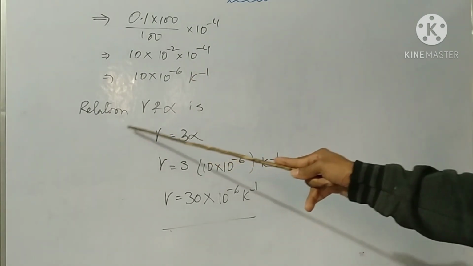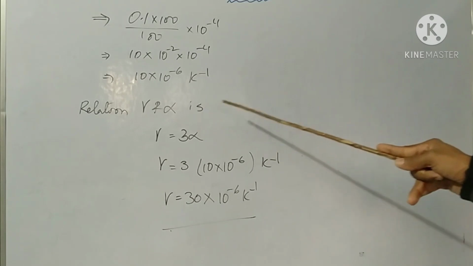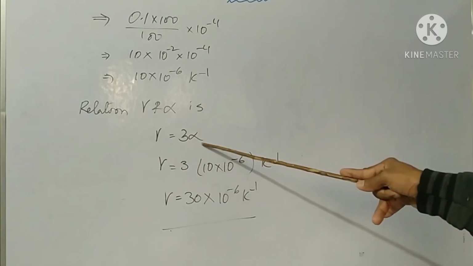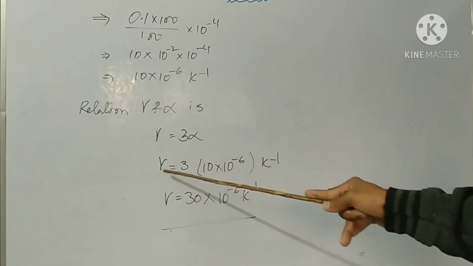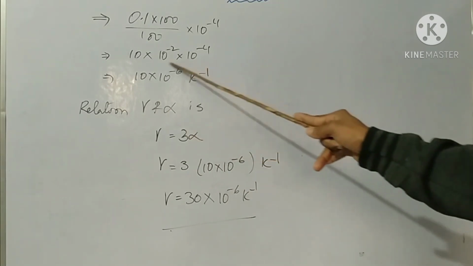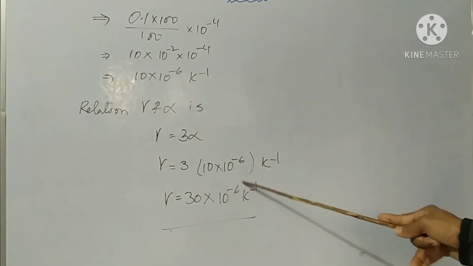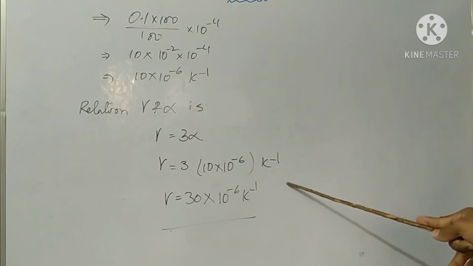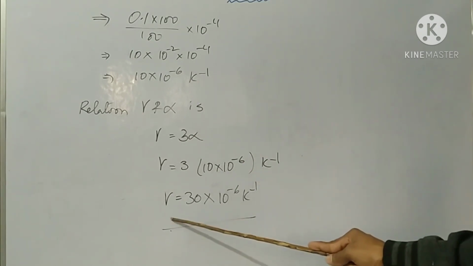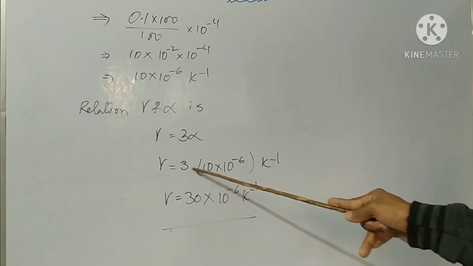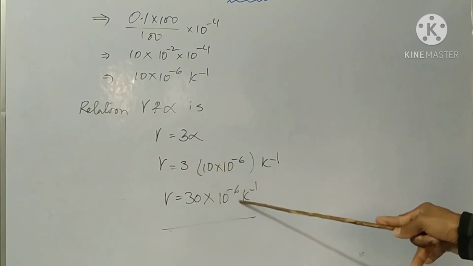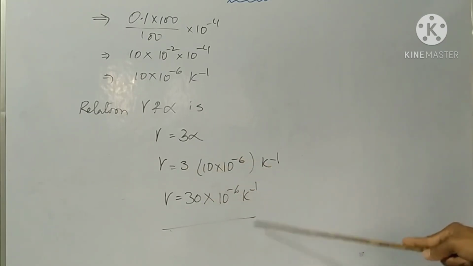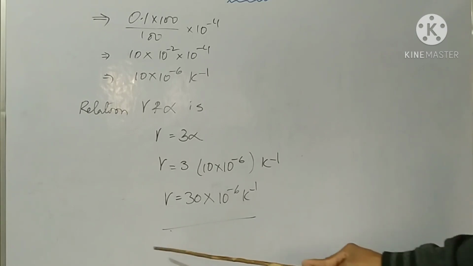The relation between gamma and alpha is gamma equals 3 times alpha. Substituting the alpha value, gamma is equal to 3 into 10 into 10 power minus 6 Kelvin inverse, which is 3 into 10 is 30 into 10 power minus 6 Kelvin inverse. This is the final result of gamma.